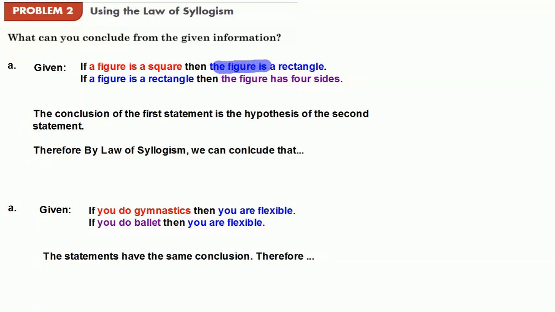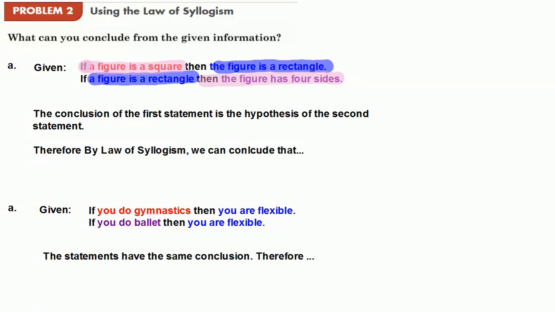The figure is a rectangle. If it's repeated again on the second statement, and it's written as the hypothesis, as it's done right here, therefore we can use the law of syllogism and conclude the following. We're going to be able to connect that if a figure is a square, then the figure has 4 sides.